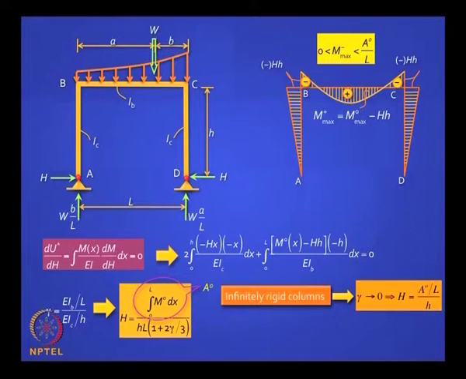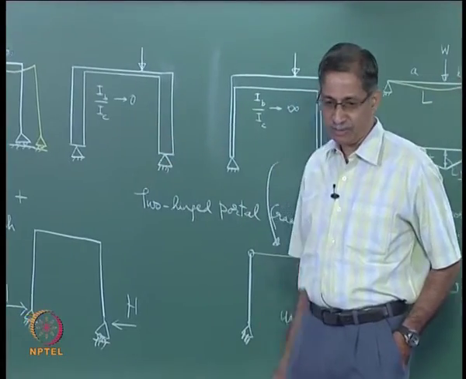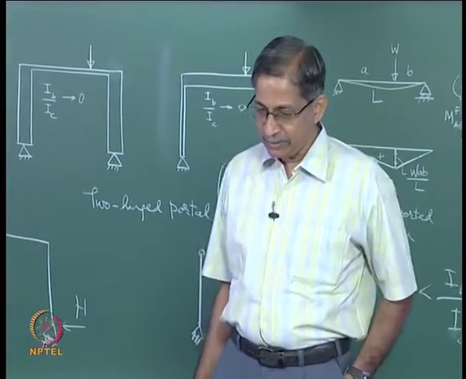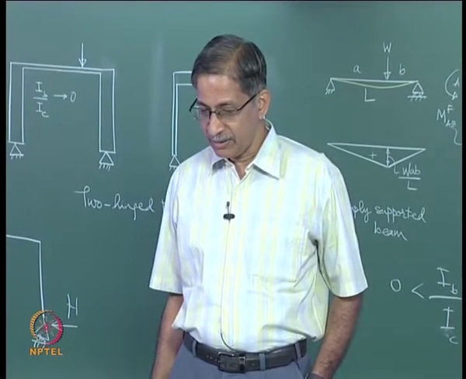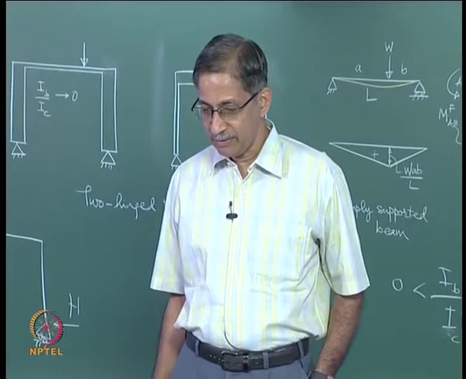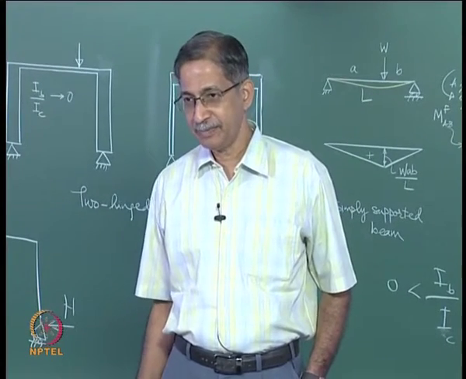So let us look at two extremes. If you have infinitely rigid columns, gamma will tend to 0, and that equation reduces to H equal to A naught by L h.